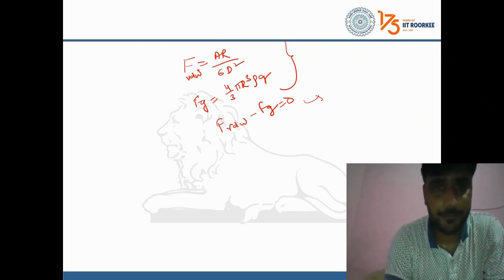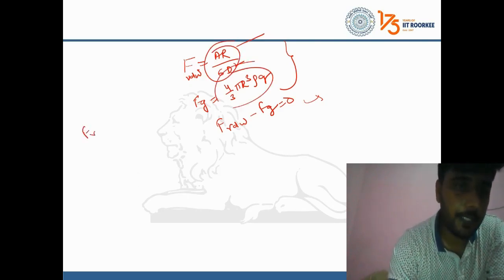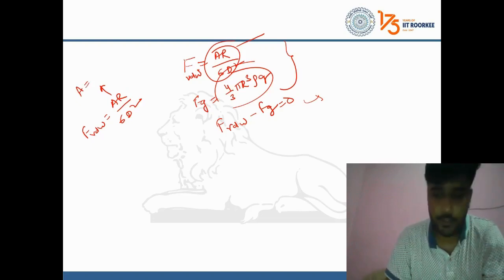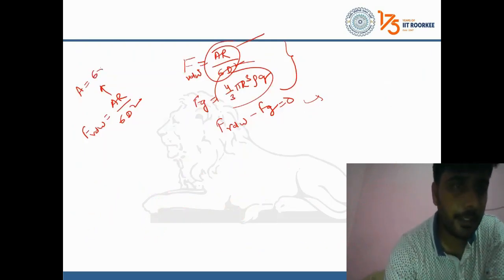Okay, so one by one I calculate these terms. For van der Waals interactions, that is A R by 6 D square. The value of A, Hamaker constant, is given here as 6 times 10 raised to minus 20 joule.